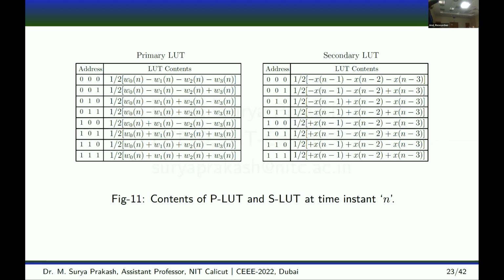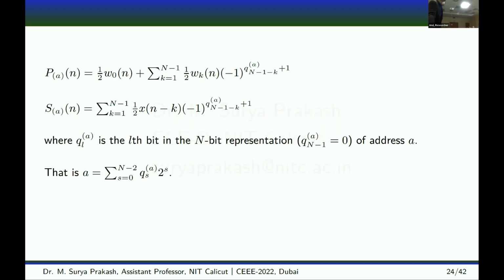Here we see OBC combinations of filter weights and similar OBC combinations of input samples in the secondary lookup table. These equations are those of the primary lookup table partial products and the secondary lookup table partial products, simply expressed as mathematical equations.